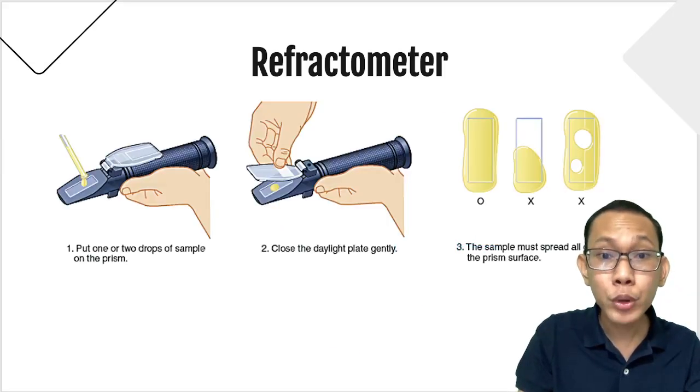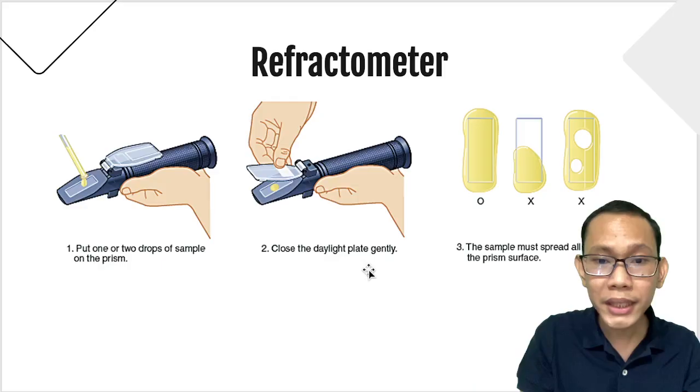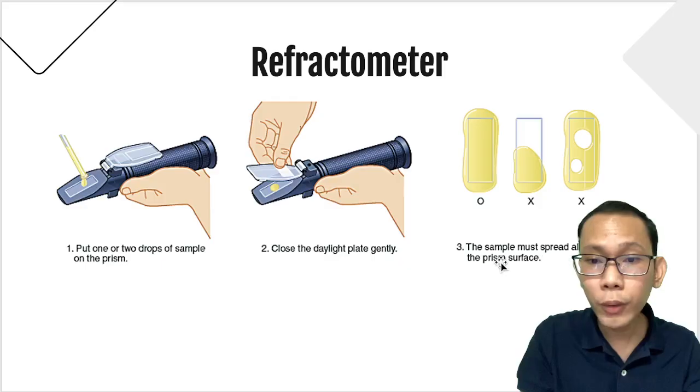So what will be the procedure for our refractometer? Number 1, put 1 or 2 drops of sample on the prism. Then close the daylight plate gently, and the sample must spread all over the prism surface. Again, this should be the correct, dapat it's spread all over talaga ng ating prism. Mali ito, mali din ito.